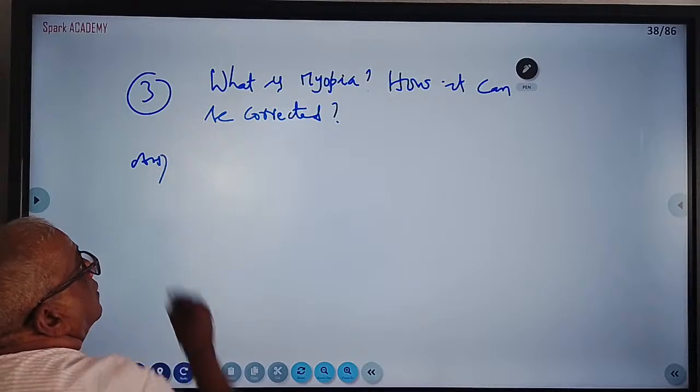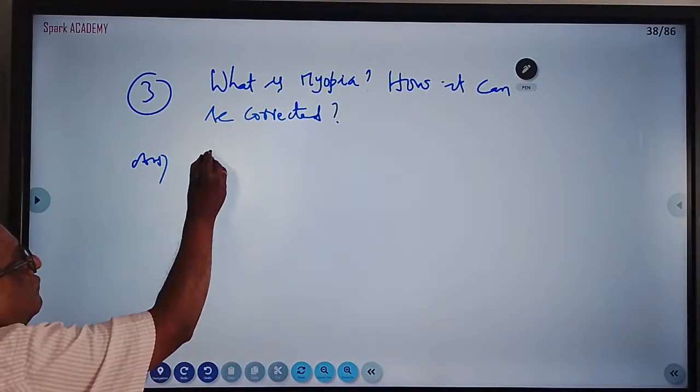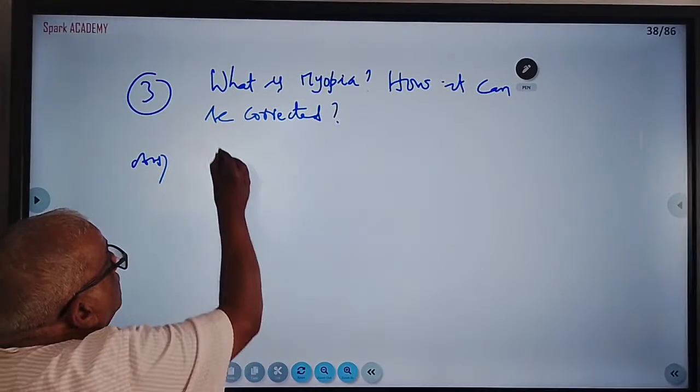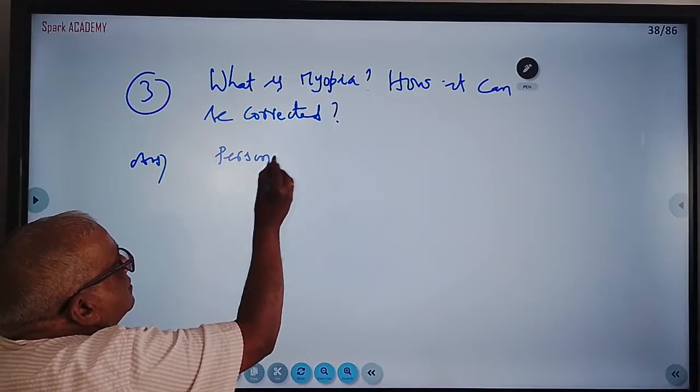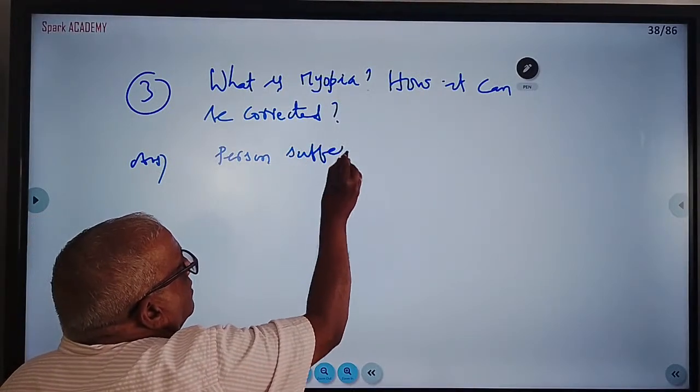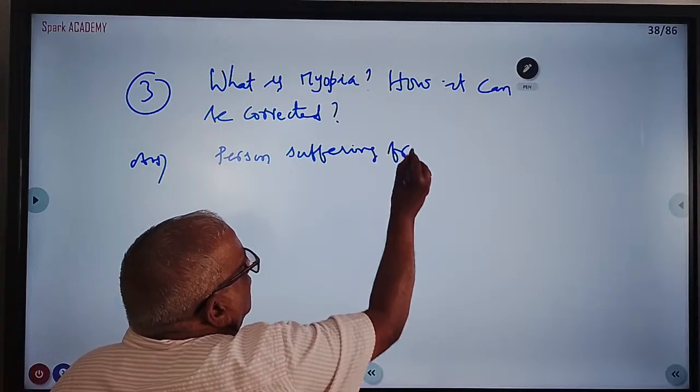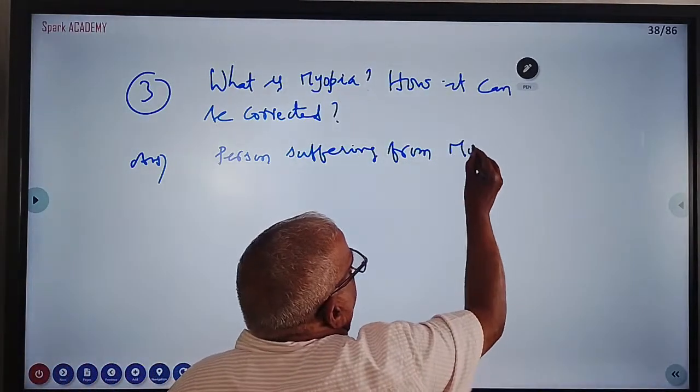Answer: a person suffering from myopia. Myopia means short-sightedness.